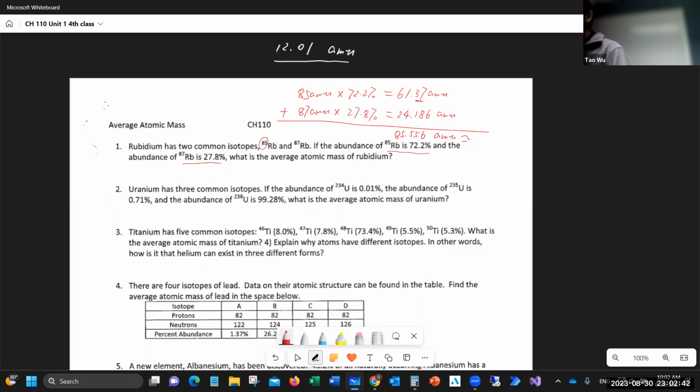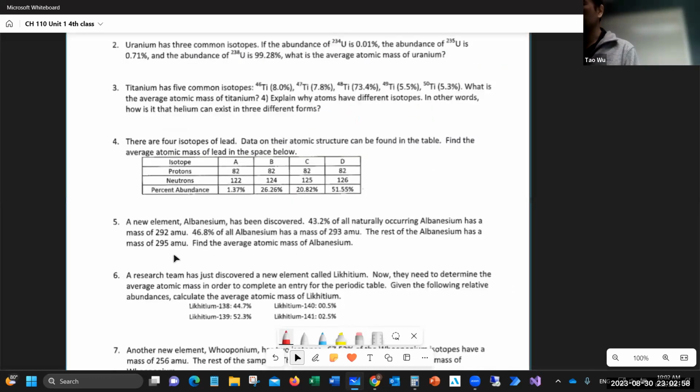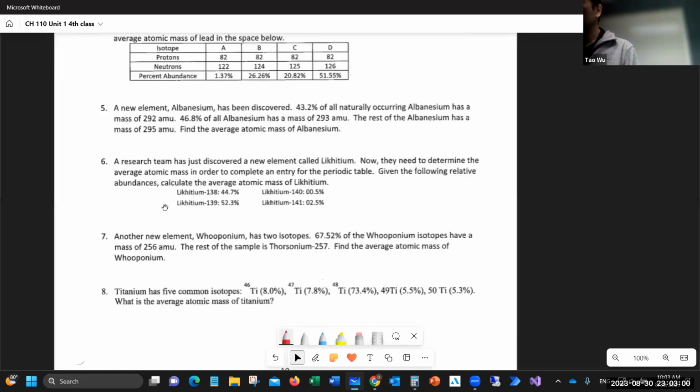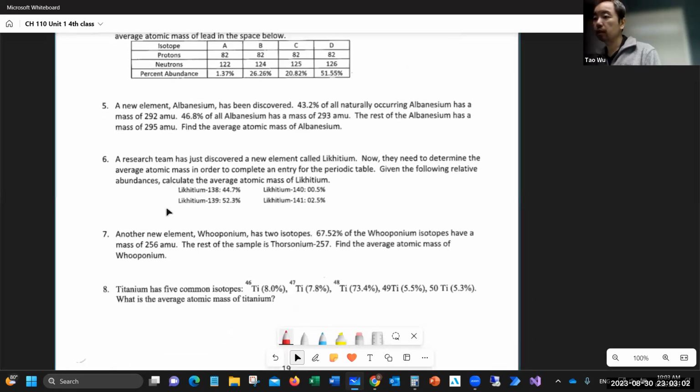So that's about 85.56 AMU in this case. Are you clear? Okay, so this is how you do the average atomic mass. And I would like to talk about one more.